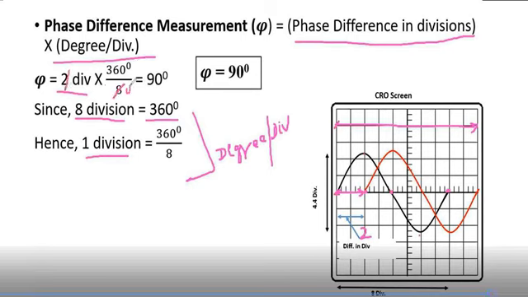Now by solving the equation we will get 2 1s are 2, 2 4s are 8, and this is equal to 4 1s are 4, 4 9s are 36. So the value is 90 degree, and the phase difference between these two waveforms is equal to 90 degree. Got it, all of you? In this way we can measure phase difference.